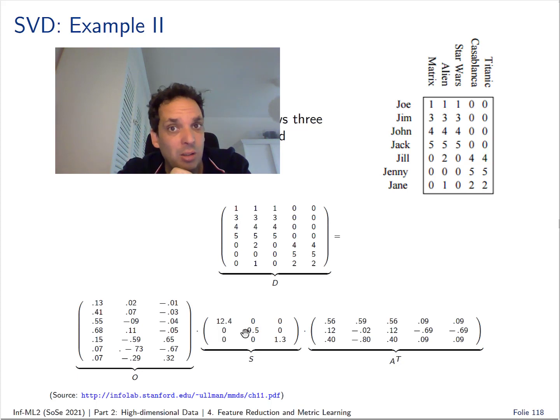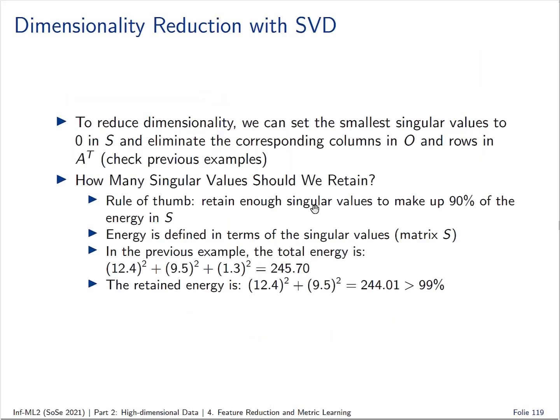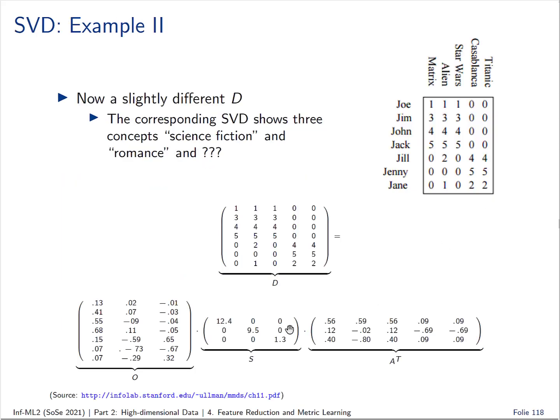So that is the idea, and now let's have a look at how this actually works. Well, obviously it works. To reduce the dimensionality, we can set the smallest singular values in S to 0. So we can set this one here to 0 and then do the whole thing.